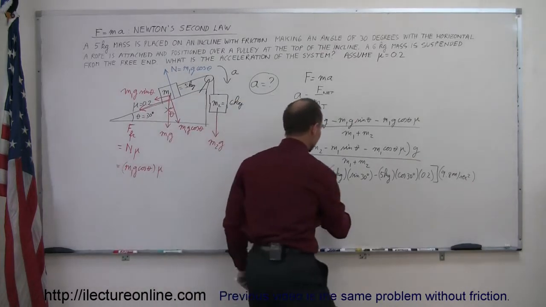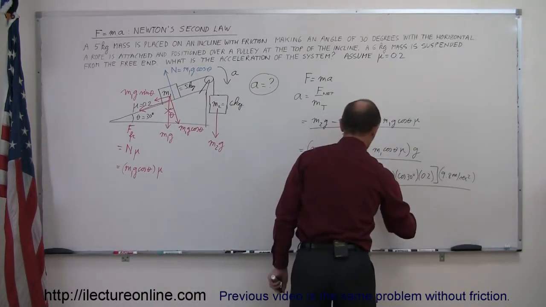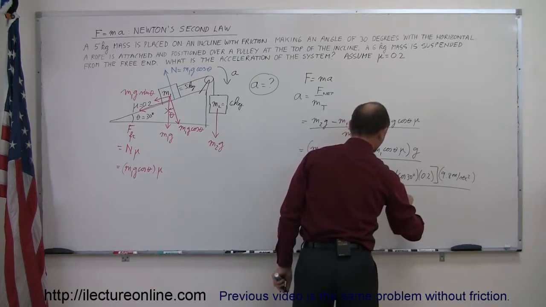And then we divide that by the sum of the two masses, which is 5 kilograms plus 6 kilograms.